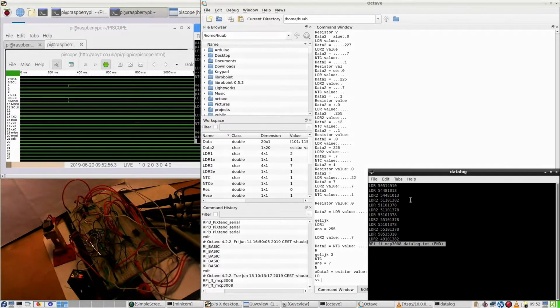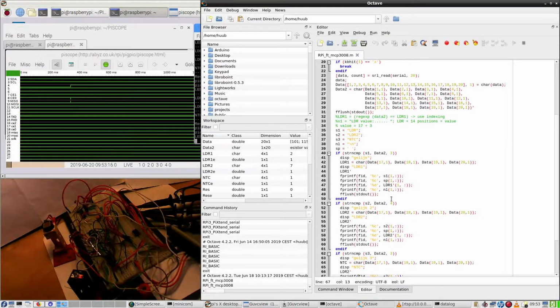Oh, now see, now it has LDR2 as well. That is a nice change, but still no good values. So that's the next thing to do, how to get the values in.